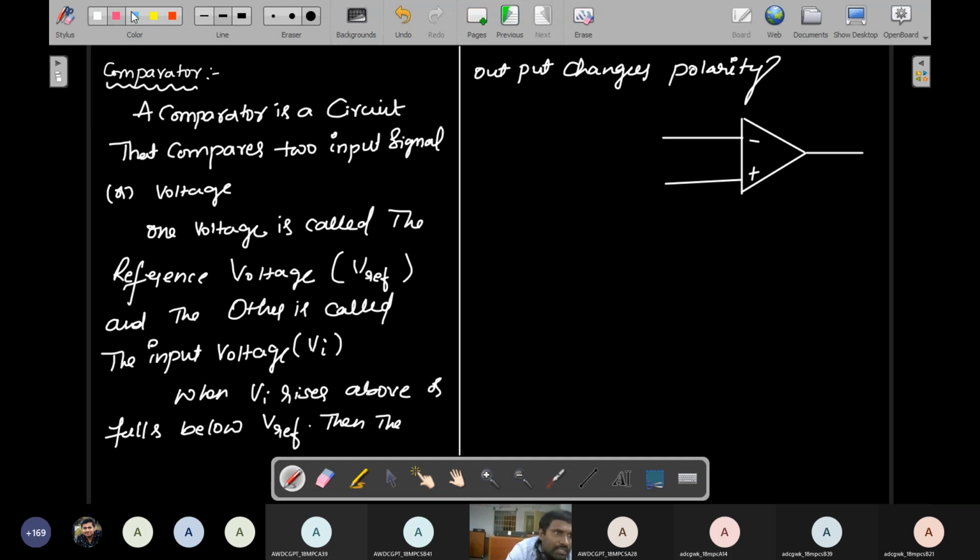This is the input voltage Vi, and we give the reference voltage VREF to the other terminal, and we collect the output here as Vout. The input voltage is given to the inverting terminal and the reference voltage to the non-inverting terminal, and we get the output through this terminal.